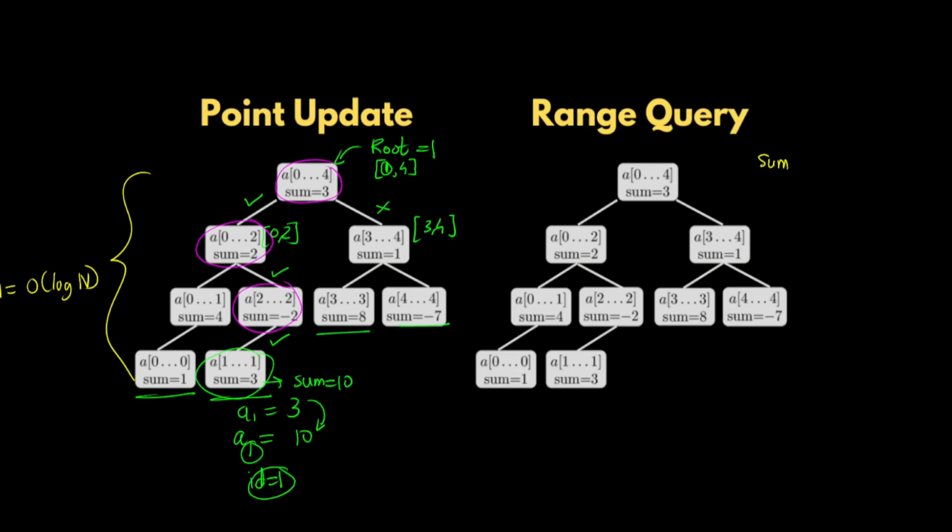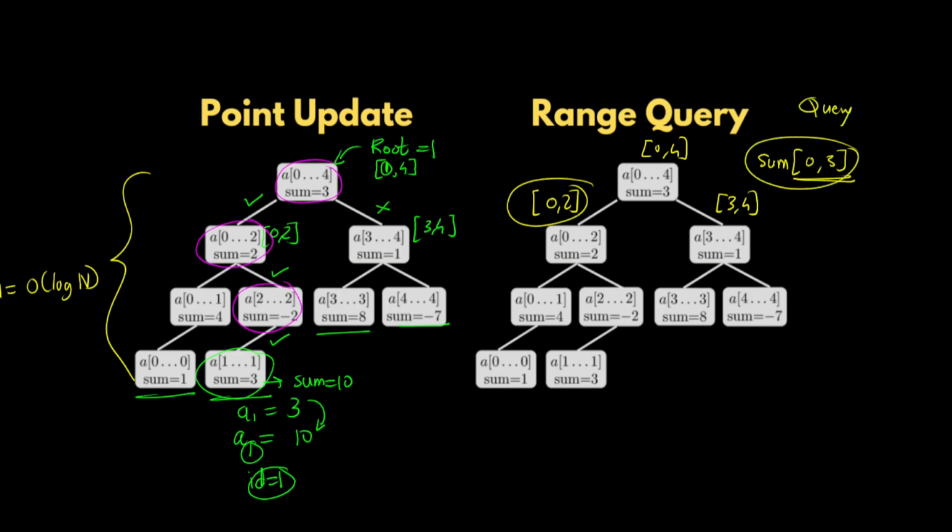For range query, let's say we want to find out the sum for range, let's say 0 to 3, then this operation can be performed in a similar fashion. The root node shows the value for 0 to 4 and we want to find from 0 to 3. Then we partition it into two parts at the middle point. So these are the two halves for the root node, and clearly this entire range lies within the query range.